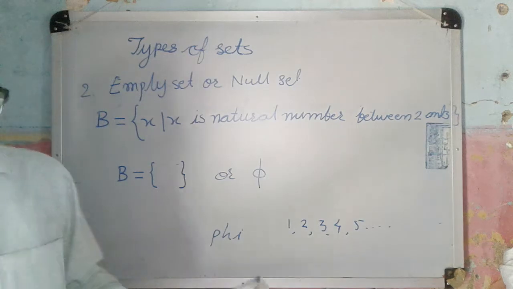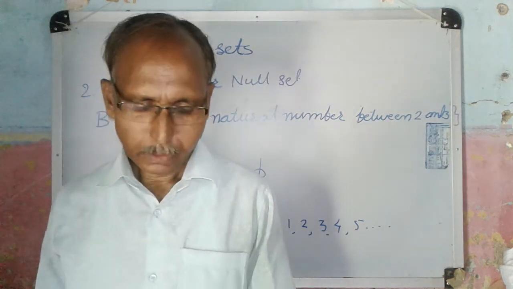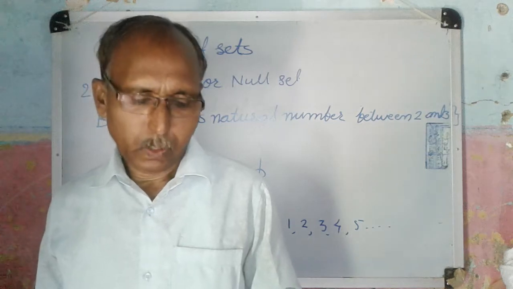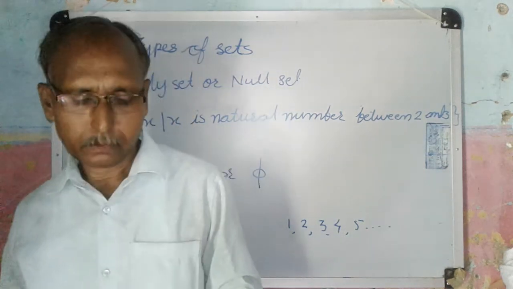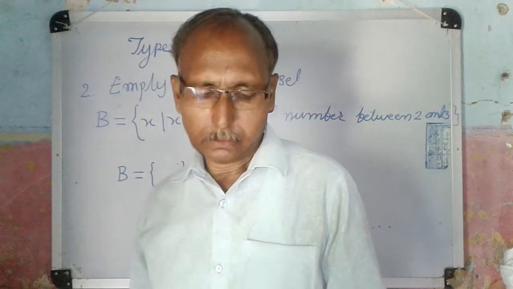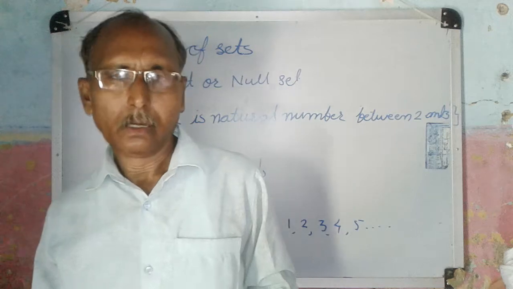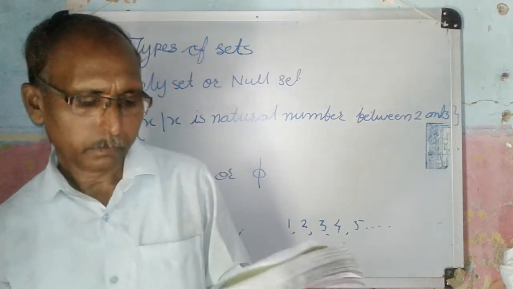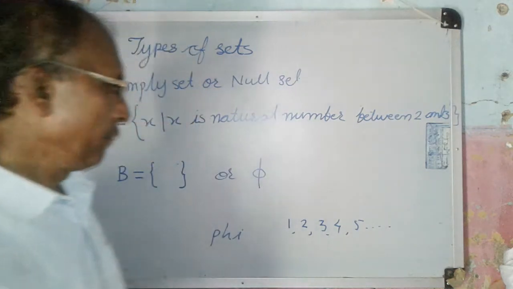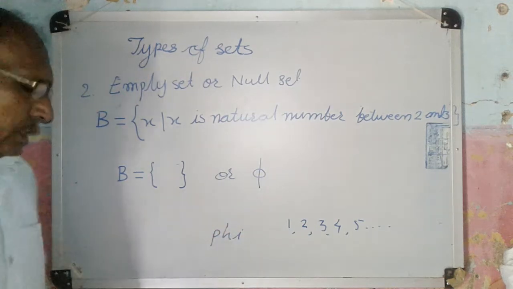The definition of the empty set is: if there is not a single element in the set which satisfies the given condition, then it is called a null set or an empty set. And that is represented by this symbol or this symbol.